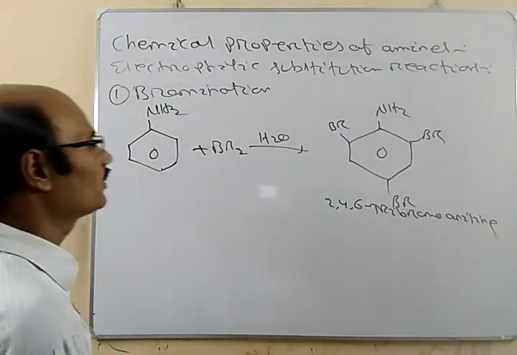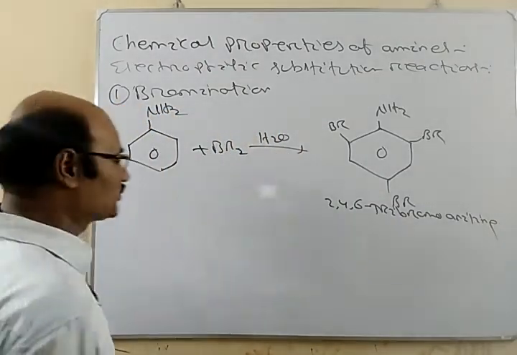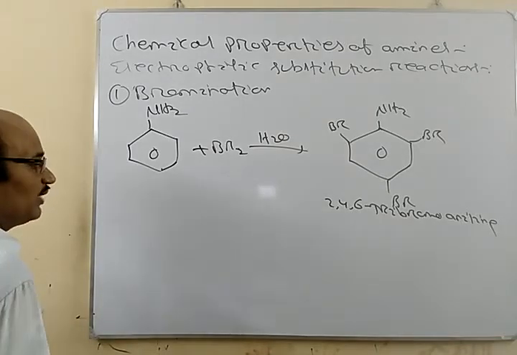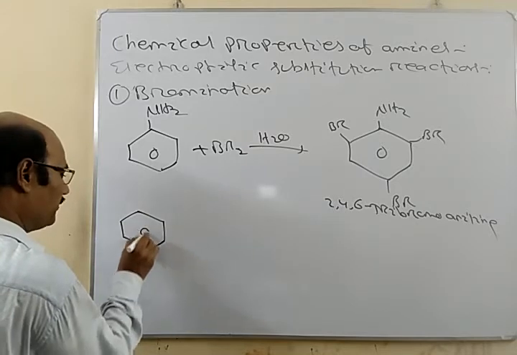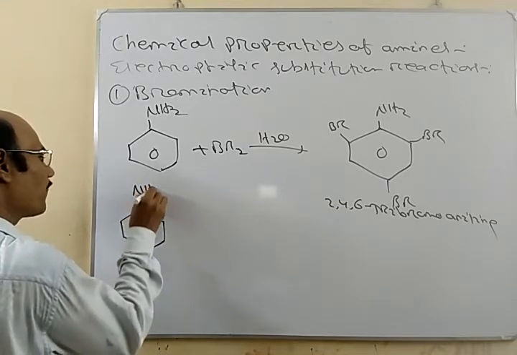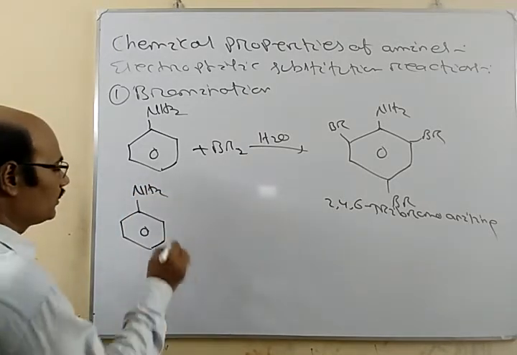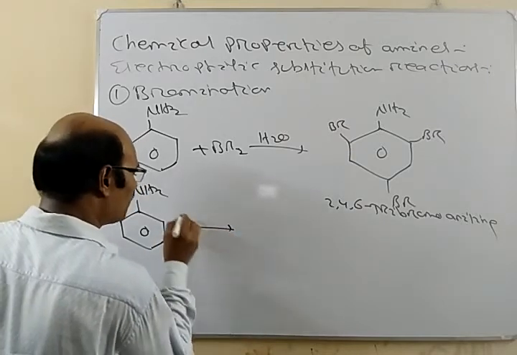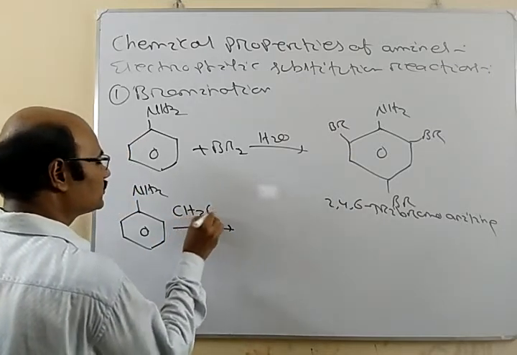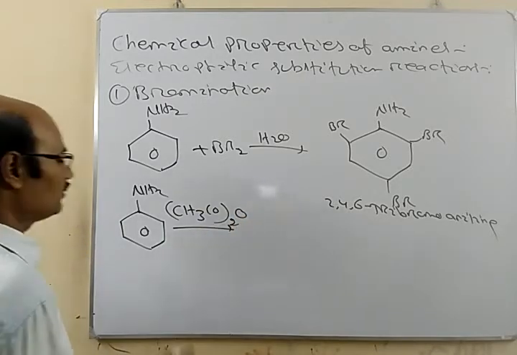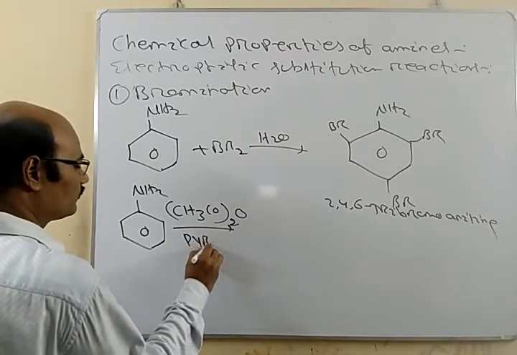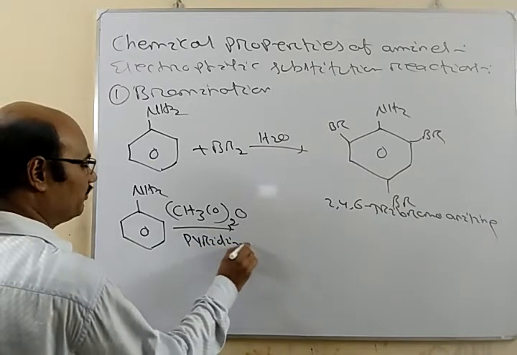Okay. Now if I want to get only ortho or only para, what I will do? First of all, I will take aniline. Okay. Then I will add (CH3CO)2O, acetic anhydride, with pyridine base.